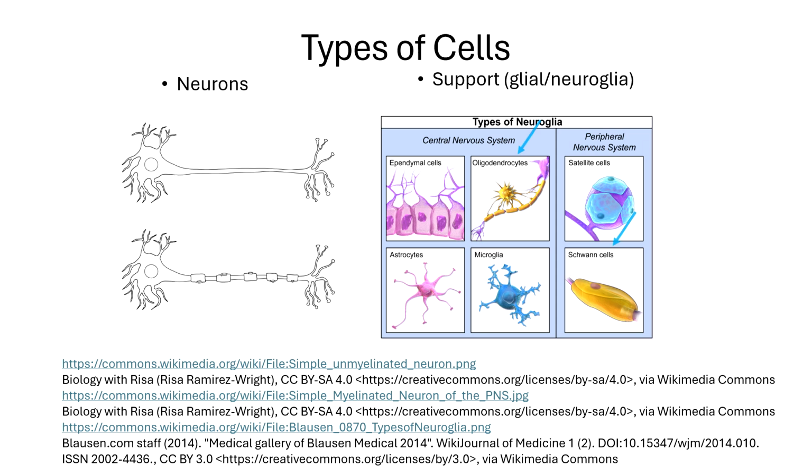Although there are two of them, the oligodendrocytes and the Schwann cells, that I'll put together in a single video, because they do the same job but in different areas of the body. And together, these two groups of cells, the neurons and the glial cells, make up the nervous system in your body.